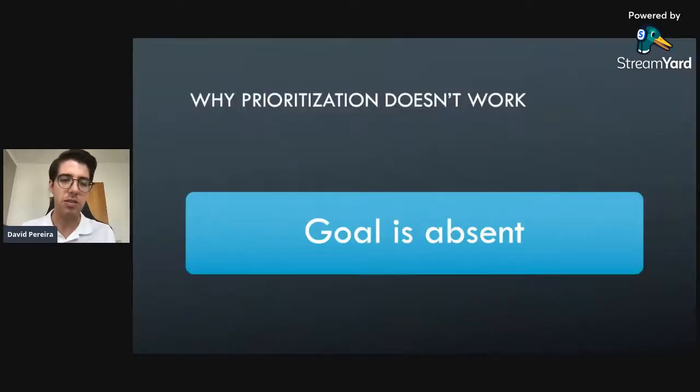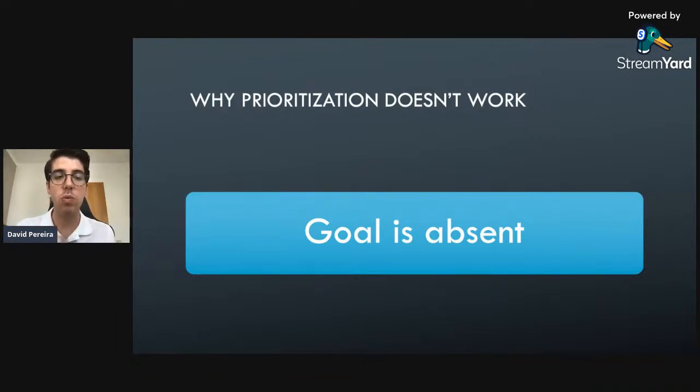I see some aspects here. The first one, as I mentioned, the goal is absent. The company may say, we want to be profitable. Well, tell me something I don't know. All companies want to be profitable. Of course, we want our clients, our customers to be satisfied with our business. Yeah, everyone wants to do that. But what is the overarching goal?